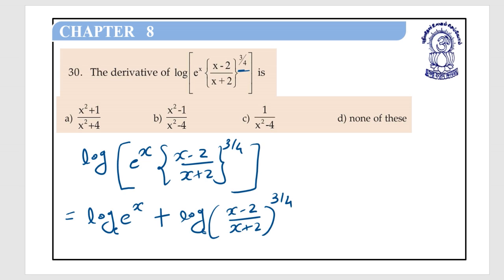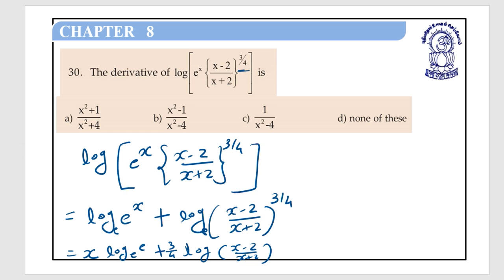Okay. So log e base is e, so you can write x log e plus 3 by 4 log x minus 2 upon x plus 2.